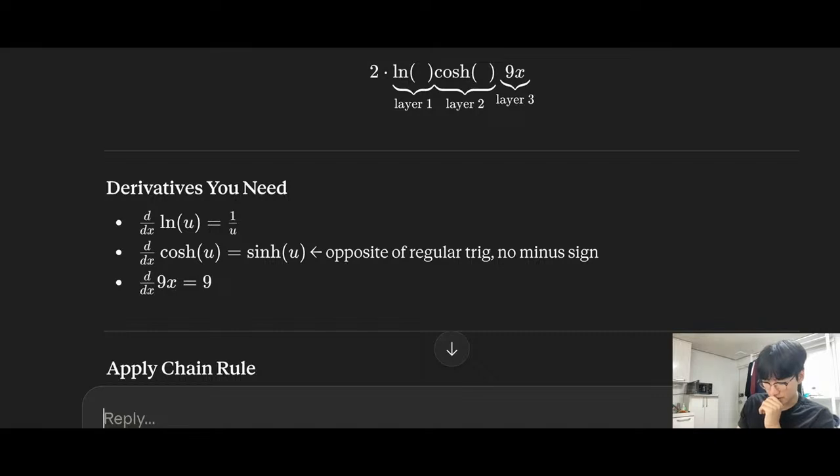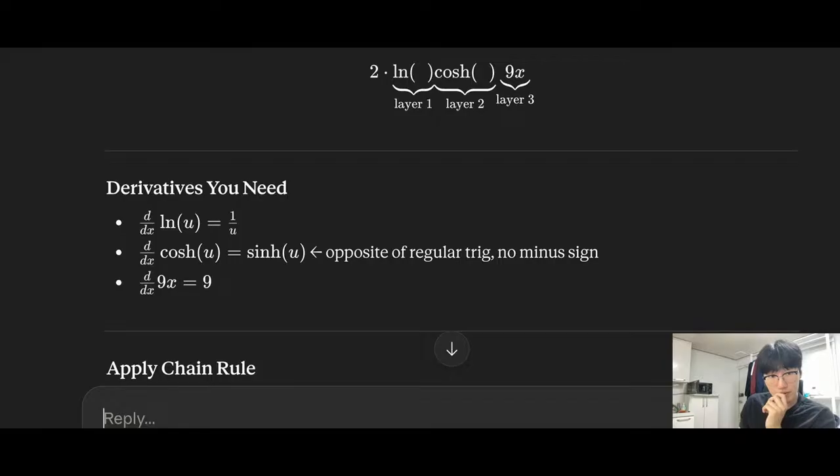So basically the derivative of ln 5 is just 1 over 5. ln of 4 is 1 over 4, which is 1 over 3. ln, okay, I get it.